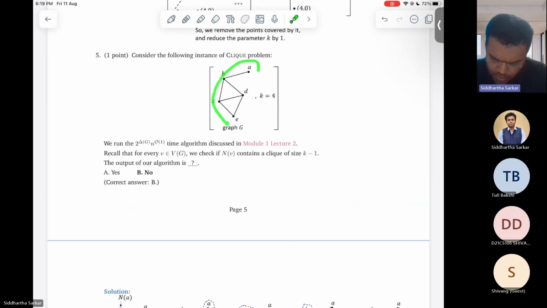So we can immediately say that there is no clique of size 4, but whether our algorithm, after applying the reduction rules, will say yes or no, that was the question.